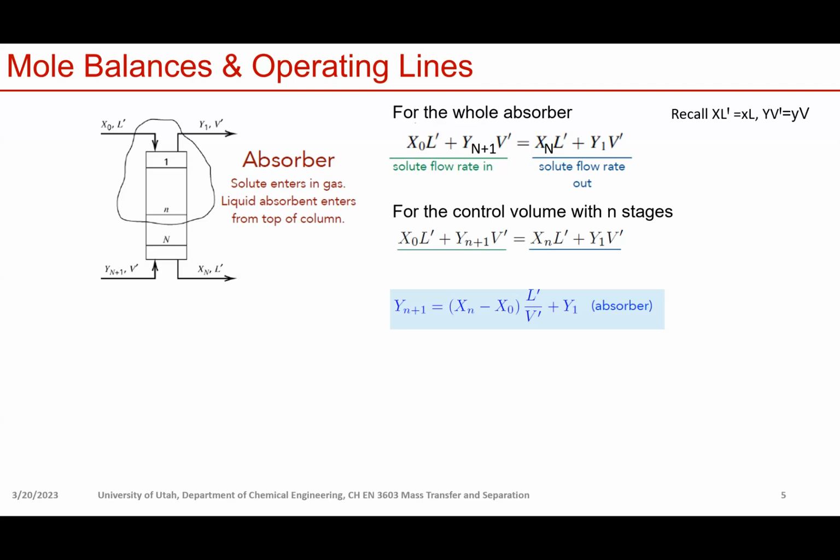For example, we move x0 L prime to the right. That will give us xn minus x0 times L prime. Then we move this term y1 to the left.